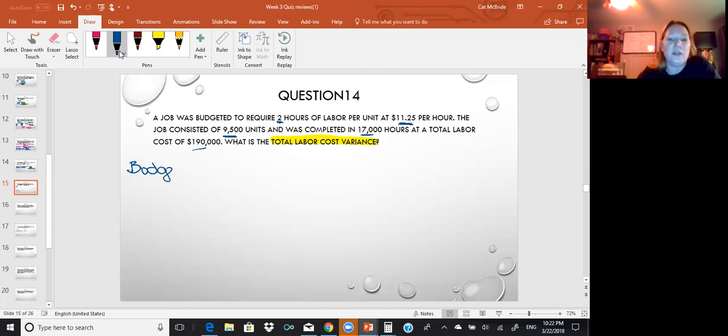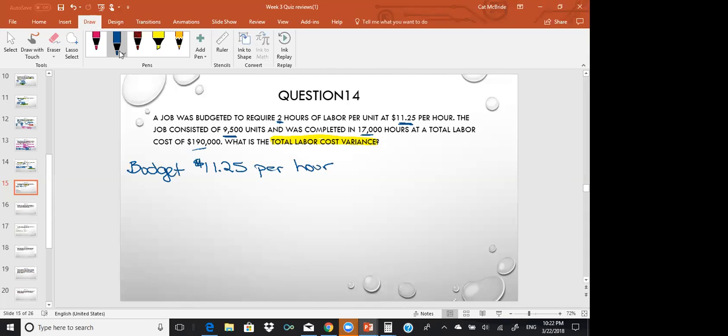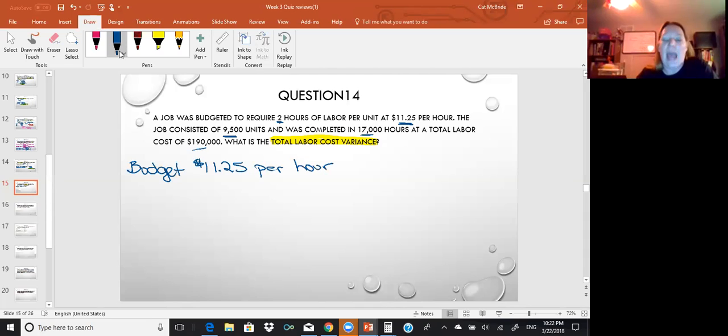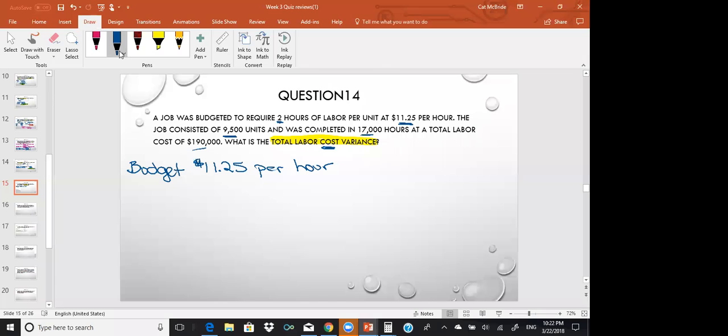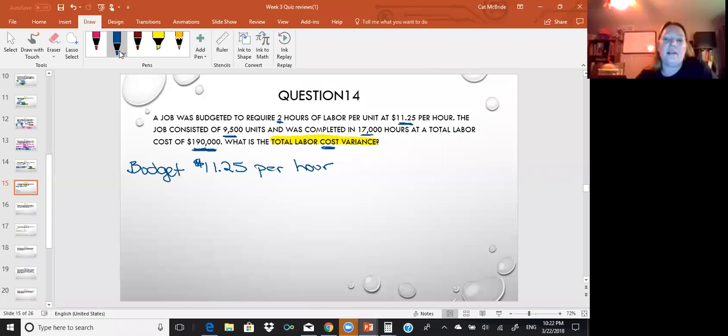So our budget for cost was $11.25 per hour. We're given that. Now, what we aren't given is what our actual cost was, because we're only looking at cost. So we're told what our budget was, but what was our actual cost? Well, we know that we spent $190,000 on labor for 17,000 hours.